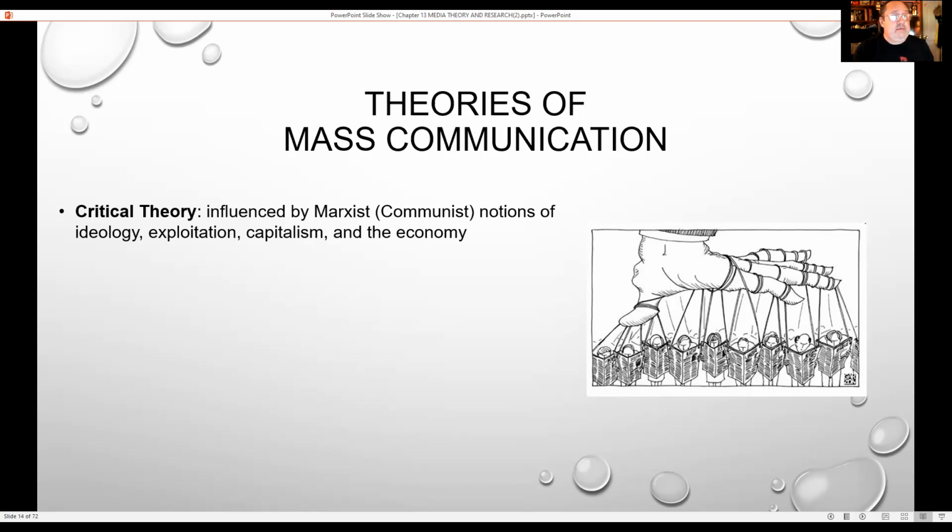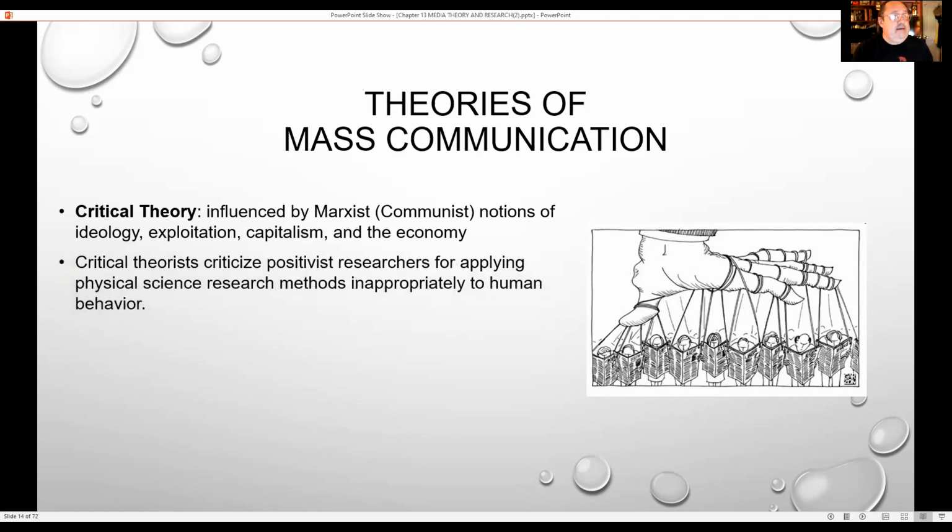And his notions of ideology, exploitation, capitalism, and the economy aren't all wrong. Sometimes people you disagree with do get some points correct. Now, I am not at all a fan of Marxism or communism. I am a capitalist. I think money is good, and the economy is good.